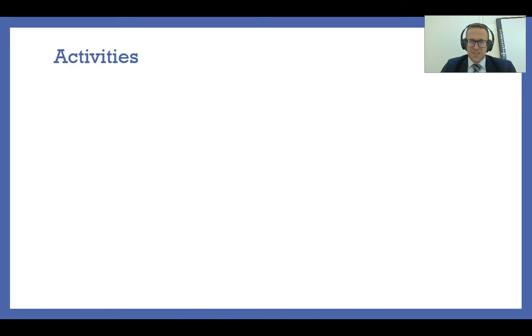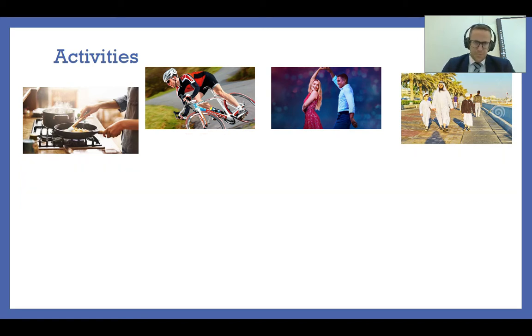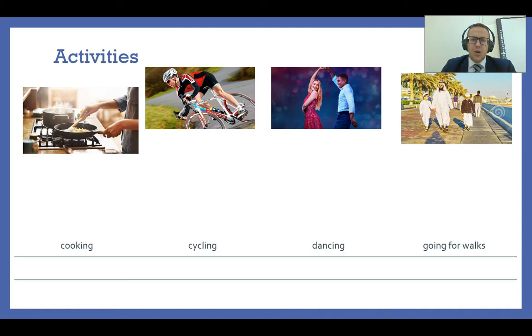For activities, we had 10 in the book that you should remember the meaning and the spelling. Let's look at groups at a time. So let's look at these 4. We have cooking, cycling, dancing, going for walks.